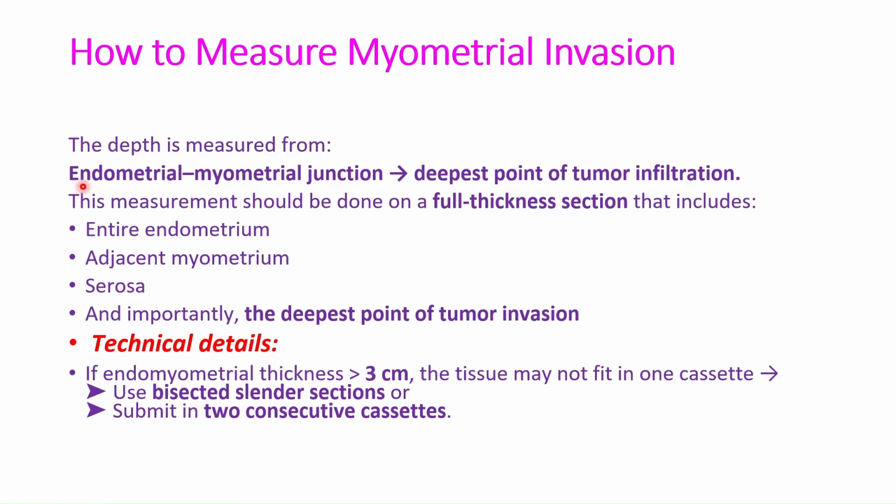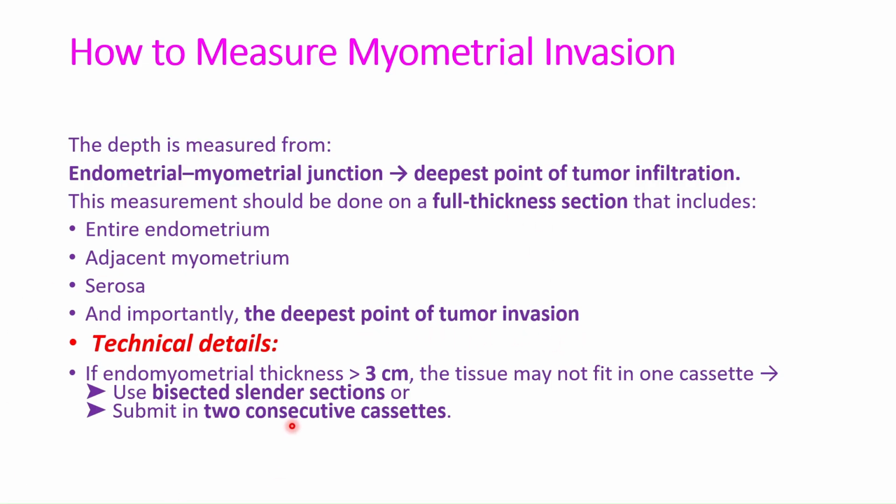For the depth of invasion, the endomyometrial junction to the deepest point of tumor infiltration is measured, and it should be done on a full thickness section that includes the entire endometrium, adjacent myometrium, serosa, and importantly, the deepest point of tumor invasion.